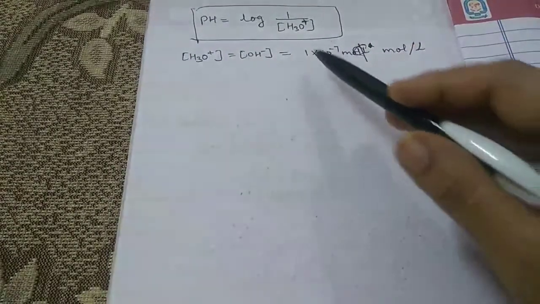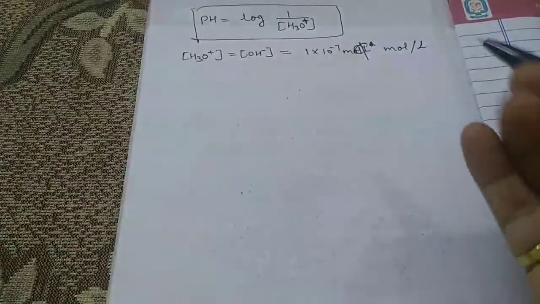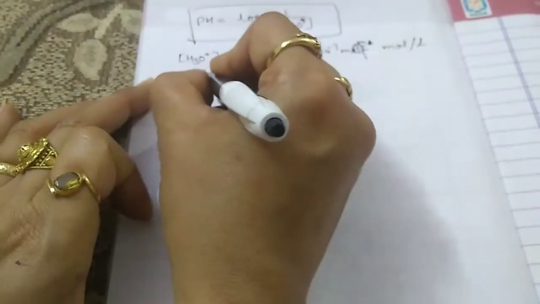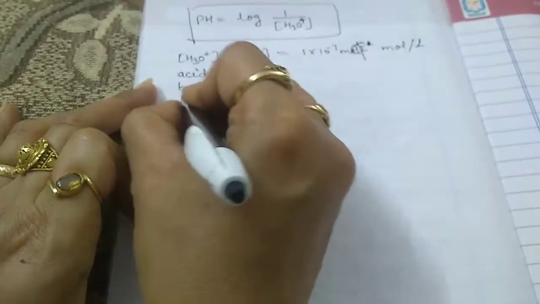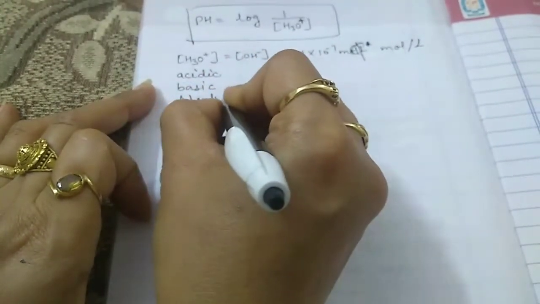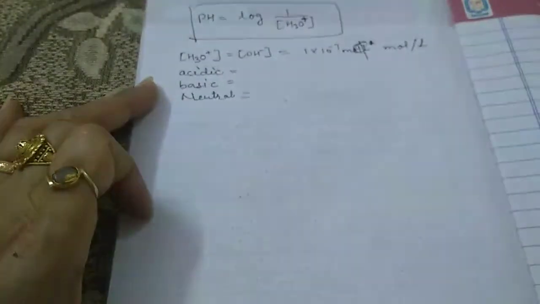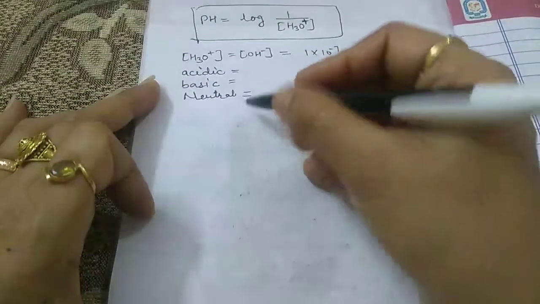We can also represent the pH for the acidic, basic or neutral solution. We have three types of solution: acidic, basic and neutral, and for these three we have different pH.